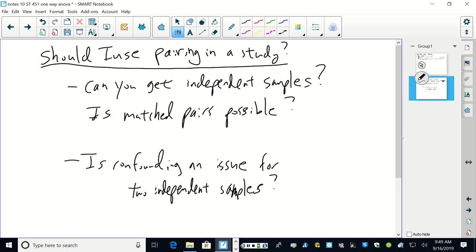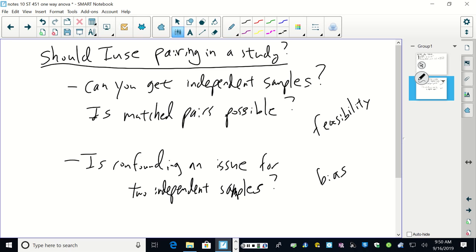And so this gets to feasibility. How challenging is it to go back and do another interview with the same people? Maybe just too burdensome, depending on what they're going to do, or costly. There's a feasibility issue. Maybe there's some bias that you'd be concerned with by not using pairing. So those kinds of things get considered.